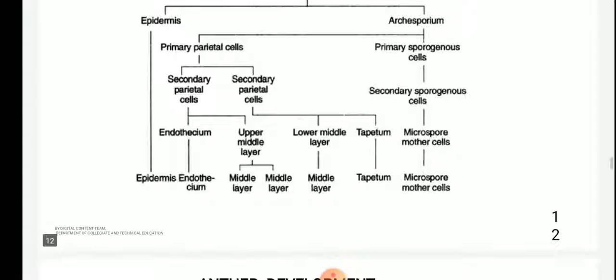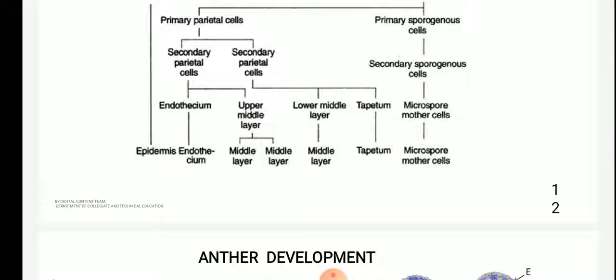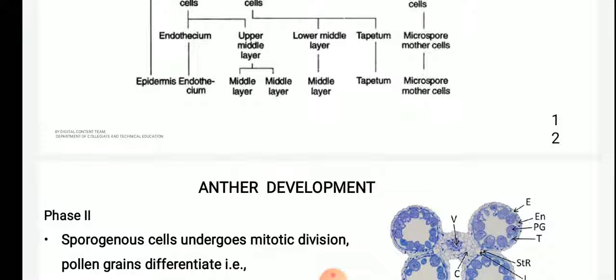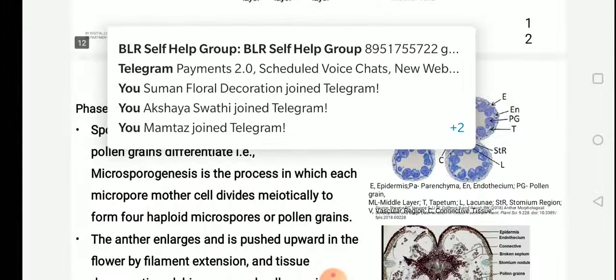The primary parietal layer will form two secondary parietal layers; the outer one will form the endothecium, and the inner secondary parietal layer will form the middle layer and the tapetum. The primary sporogenous cells will form secondary sporogenous cells, which in turn differentiate into microspore mother cells, and these undergo meiosis to produce pollen grains.